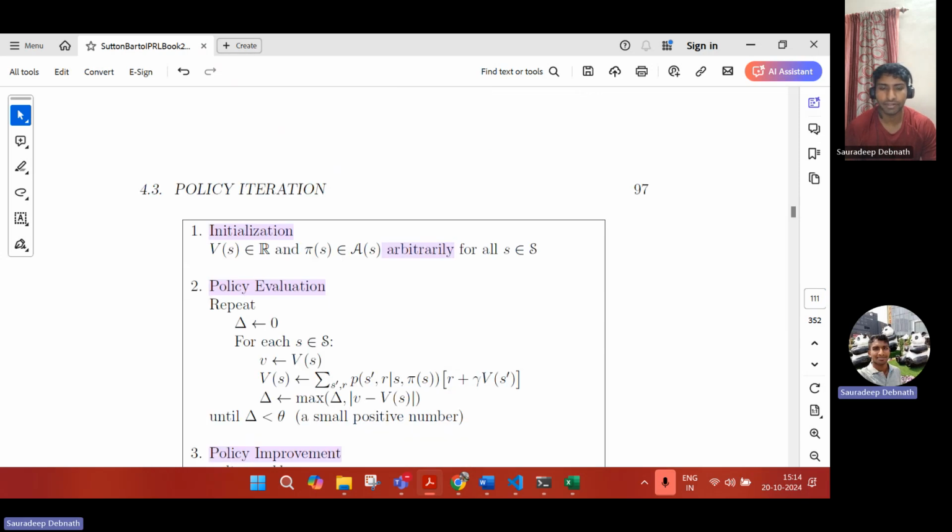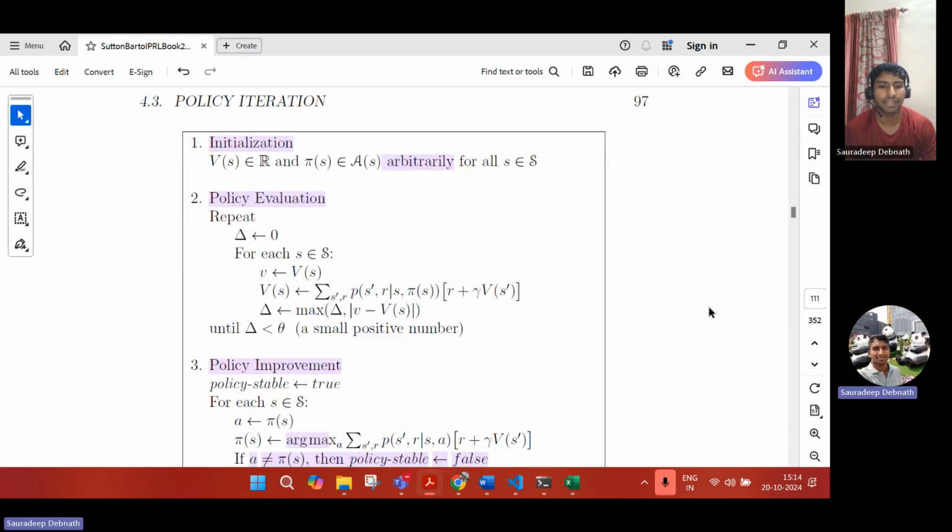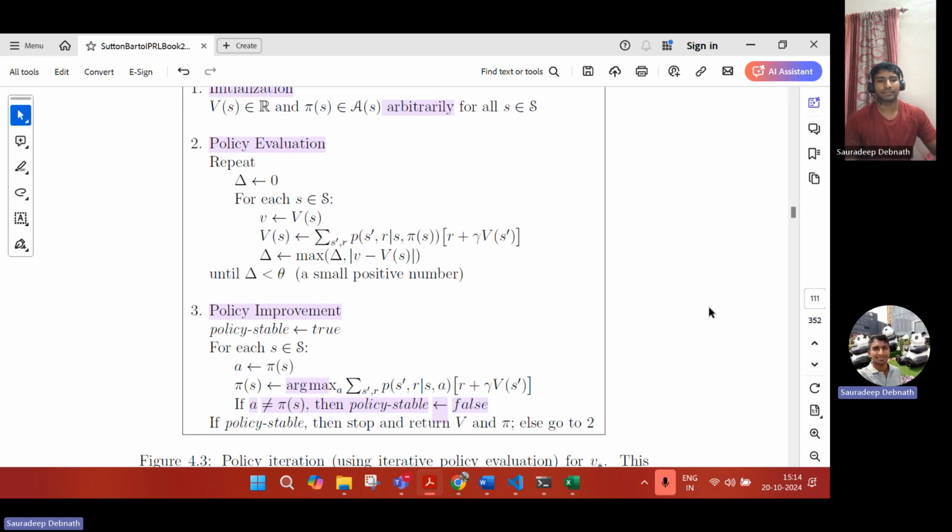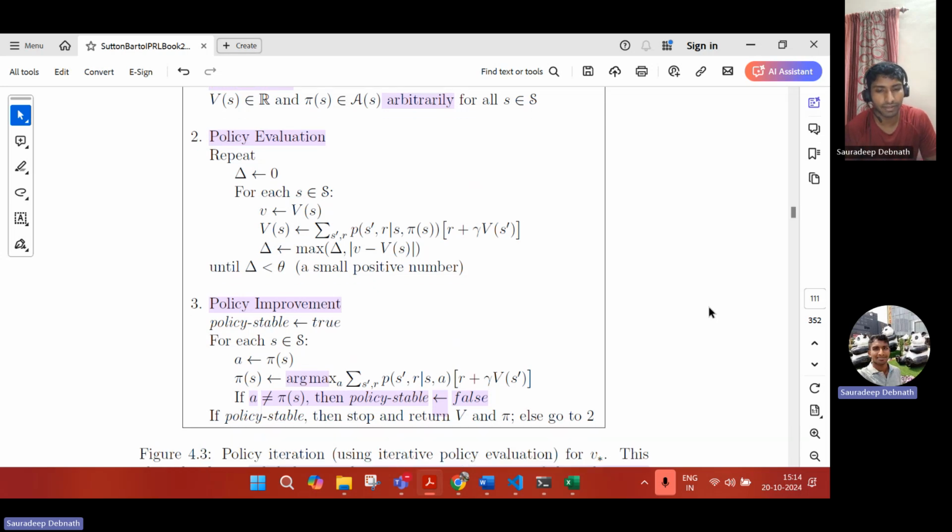Now, going back to the algorithm. Once there is a convergence in policy evaluation, we now do a policy improvement step, as in we take an argmax, right? So for each state, we try to find out which step I should take to maximize my rewards.